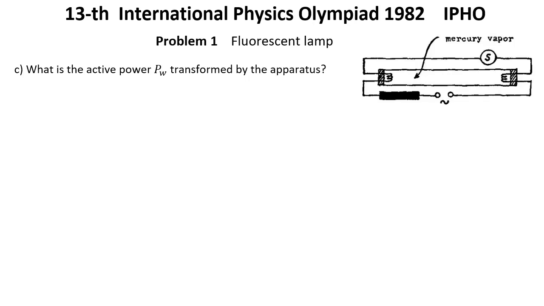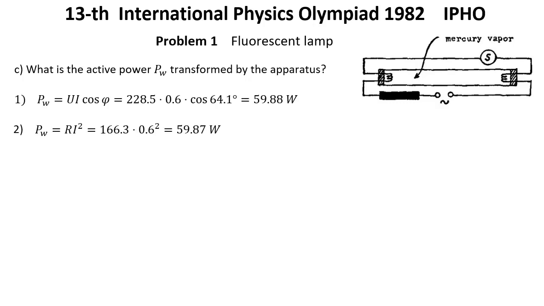Question C. What is the active power PW transformed by the apparatus? Solution. The active power can be calculated in different ways.